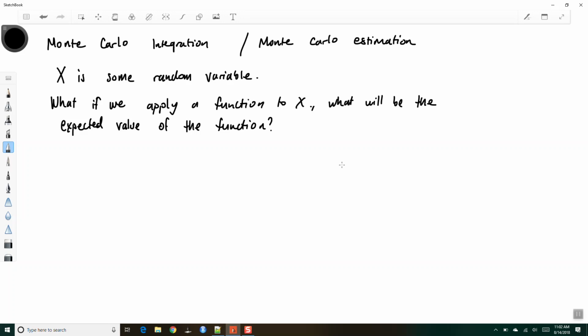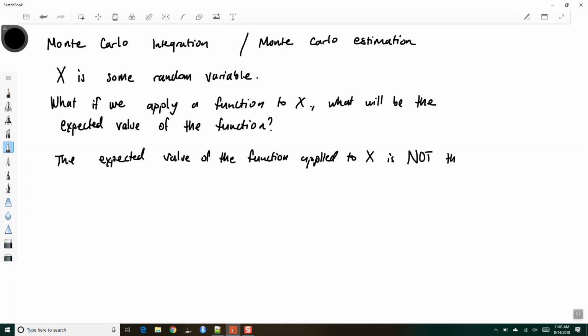Okay? And is it just the function of the expected value? It's not, right? The expected value of the function applied to x is not the function applied to the expected value of x.